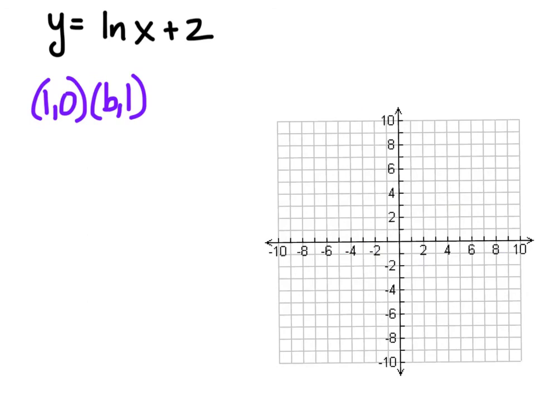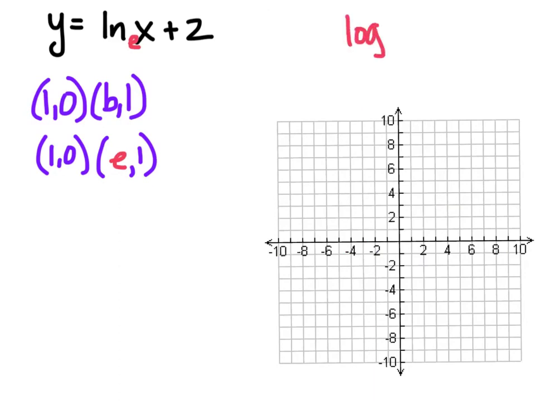E. The base for a natural log is e. Whenever you don't see it there, the base for a natural log is e. So this is actually 1, 0, e, 1.